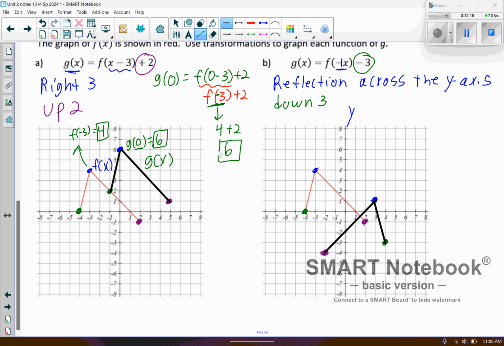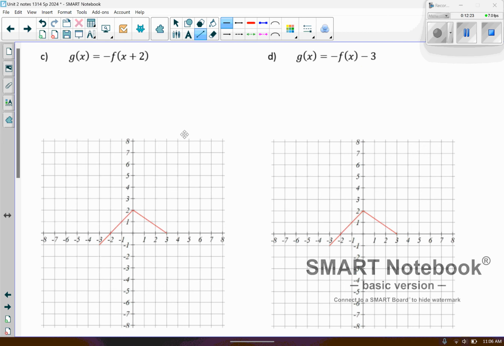All right, I've got a couple more of these where we have multiple transformations taking place. So right here, any shifting left and right goes first, so we're going to do that first. And then we have that negative on the outside that's going to cause a reflection. On the inside right there, that's going to cause us to go left 2 units. Remember, it's the opposite of what you would think.